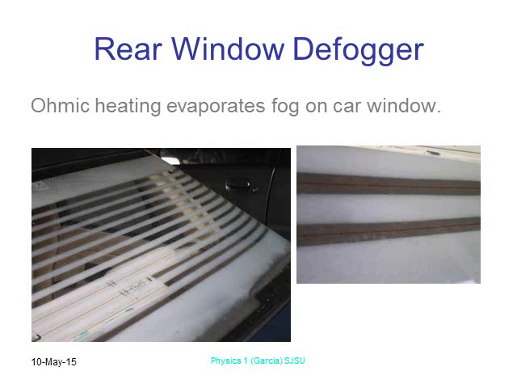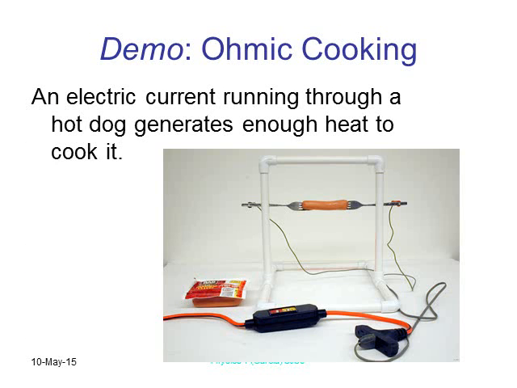Okay, that is how your rear window defoggers work. We put a current through them, and they're just a wire with a good amount of resistance in them, not enough that they light up. We don't need these to glow, but enough that they heat up, and then it defogs your windows.